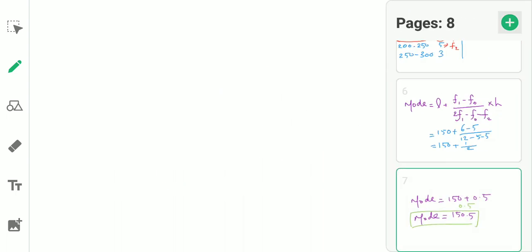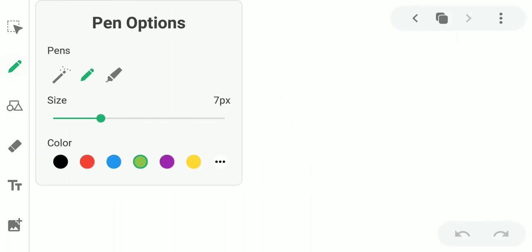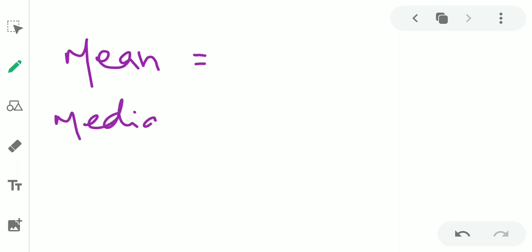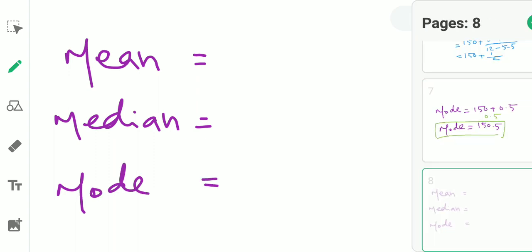So now the final answer we should write. The final answer is, we should write the value of mean, the value of median, and the value of mode. So we'll write one by one.